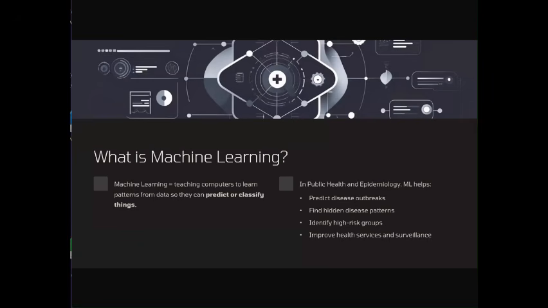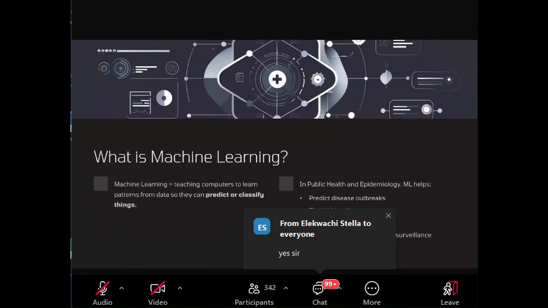So you can tell that the probability of a disease outbreak in 2027 is high, because over the years there has been a disease outbreak in that community every few years. So when they say machine learning helps predict disease outbreak, this is what they mean.